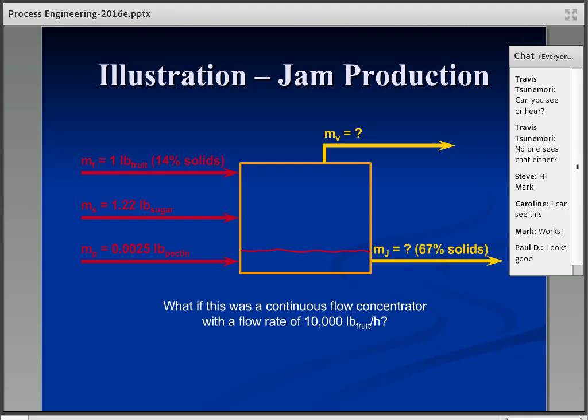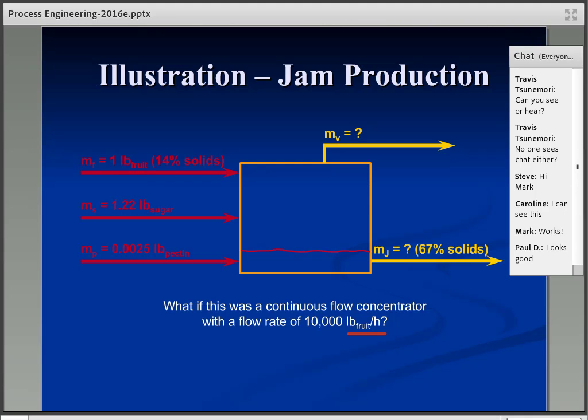So all the equations we just did, if this were a rate, we would have done the exact same solution, but all of our terms would have been per hour, depending on how it was set up. So it really wouldn't have changed the way we did the problem, other than we'd be talking about a flow rate instead of just a mass. Either way, it was the same basic analysis, and most problems we do in a rate.